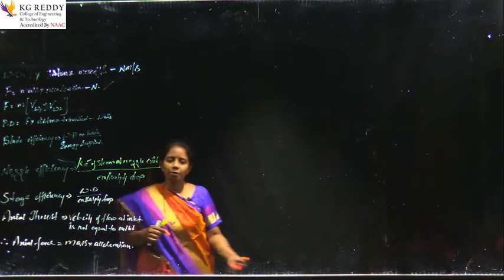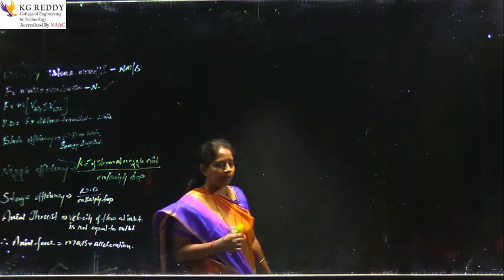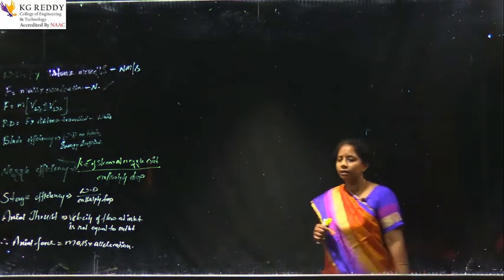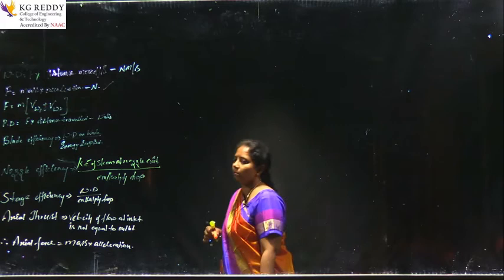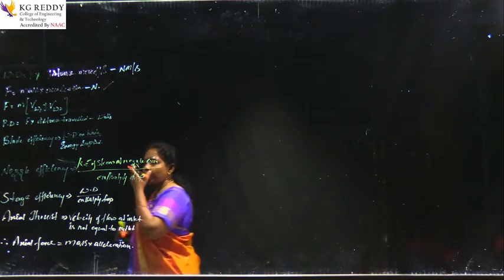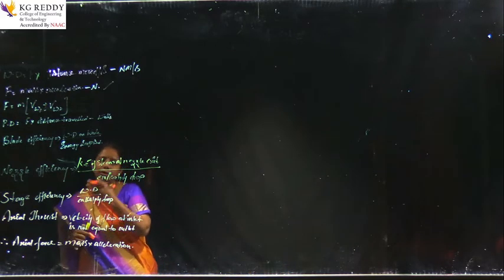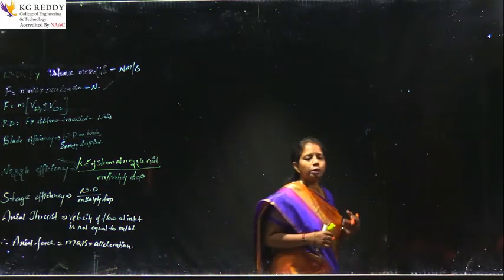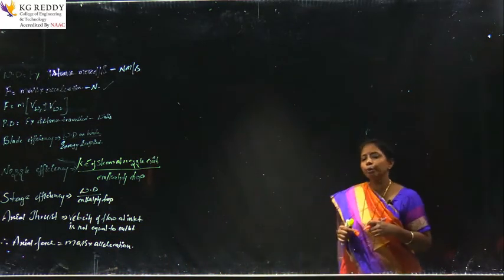Mass is represented with the alphabet M, and the acceleration is the change of velocity with respect to time, right. And what is the velocity we have here? It is the tangential velocity which makes the blade move or change its position. How are we going to represent it?